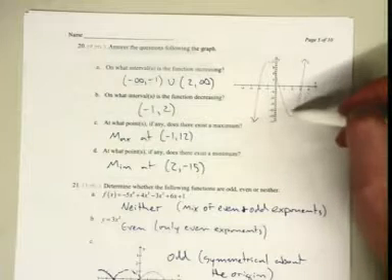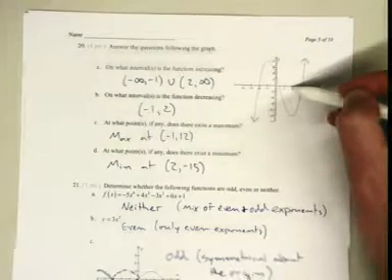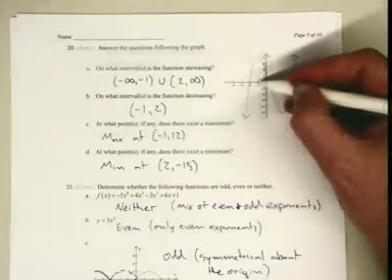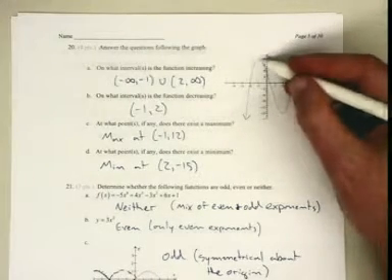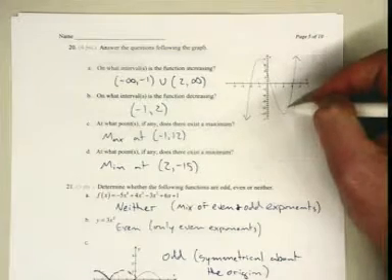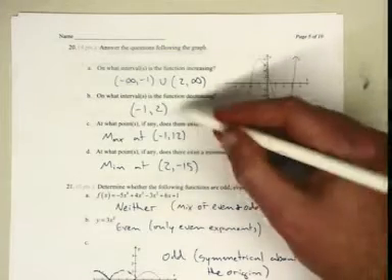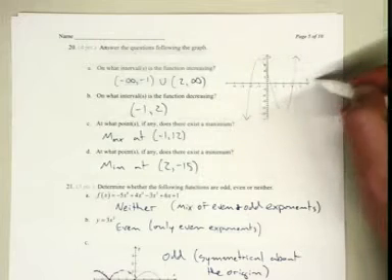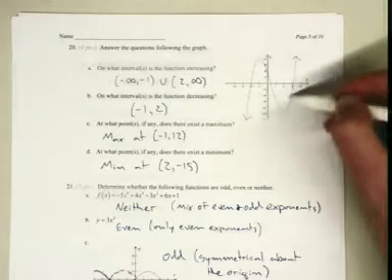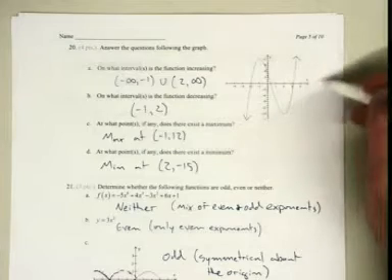So from negative 1 to 2, think of it as this interval along the x-axis, my graph is going down. And then the graph starts going back up again. So from 2 all the way into infinity, my graph is going up.